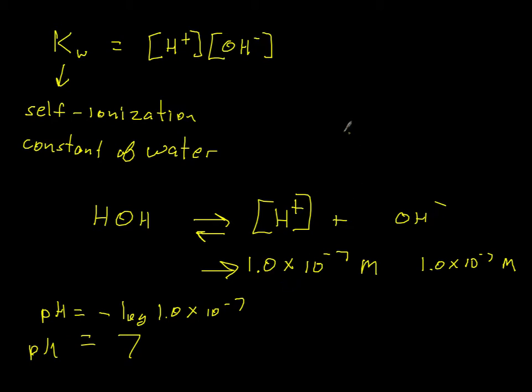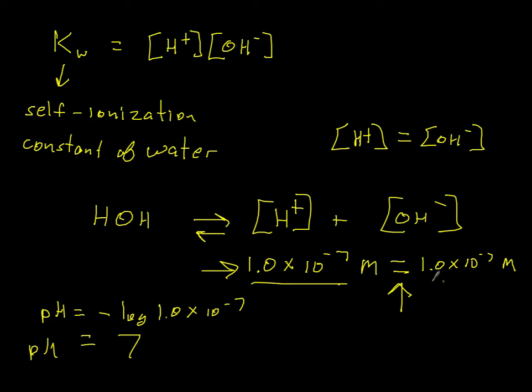Because remember, when the H concentration is equal to the OH concentration, then we are neutral. Well, look at what we have here. We have an H concentration and an OH concentration that are equal to each other. And that's our neutral pH of 7. It would also be a neutral pOH of 7, okay?